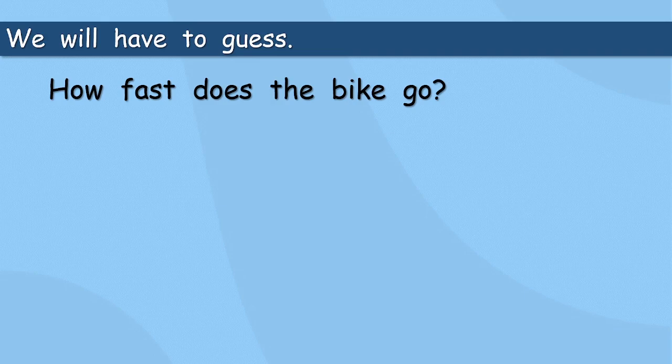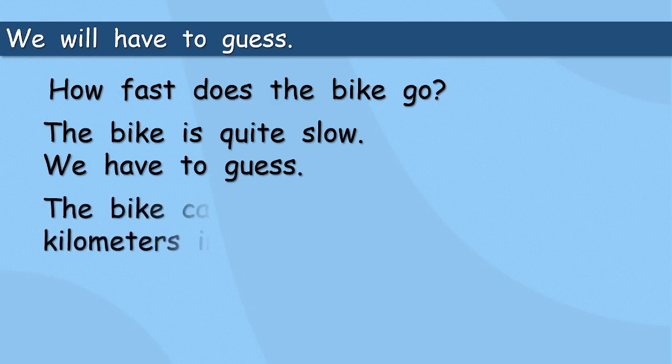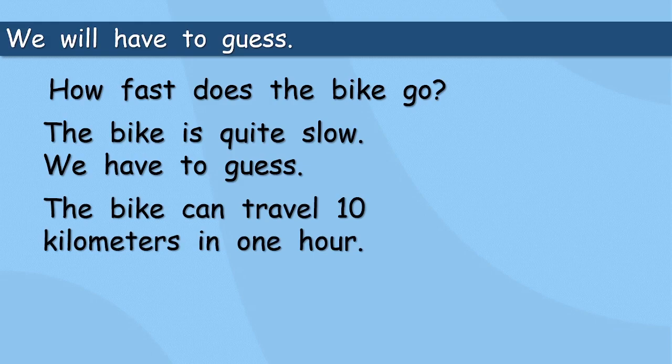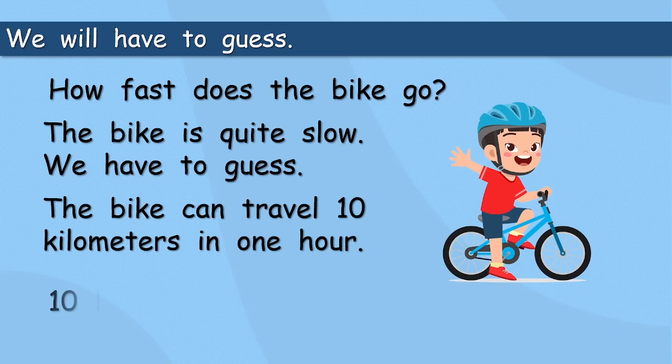How fast does the bike go? Oh, now we're going to have to guess again. The bike is quite slow. We have to guess. The bike can travel 10 kilometres in 1 hour. 10 kilometres per hour.